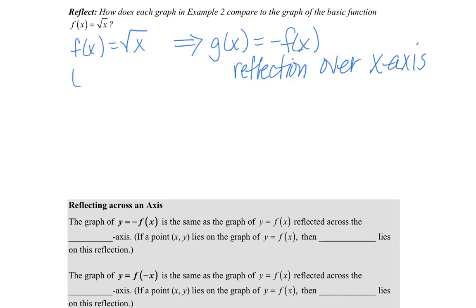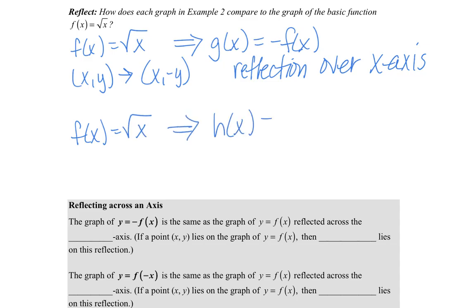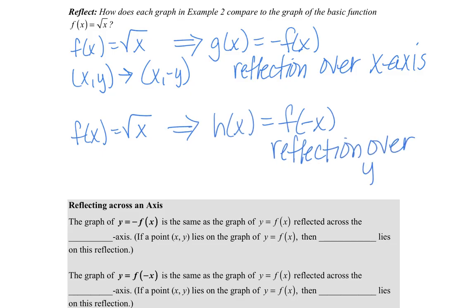And the rule was the x and the y became x, negative y. And then when we did f of x to h of x, it was a reflection over the y-axis. And the rule was the x is changed and the y stayed the same.